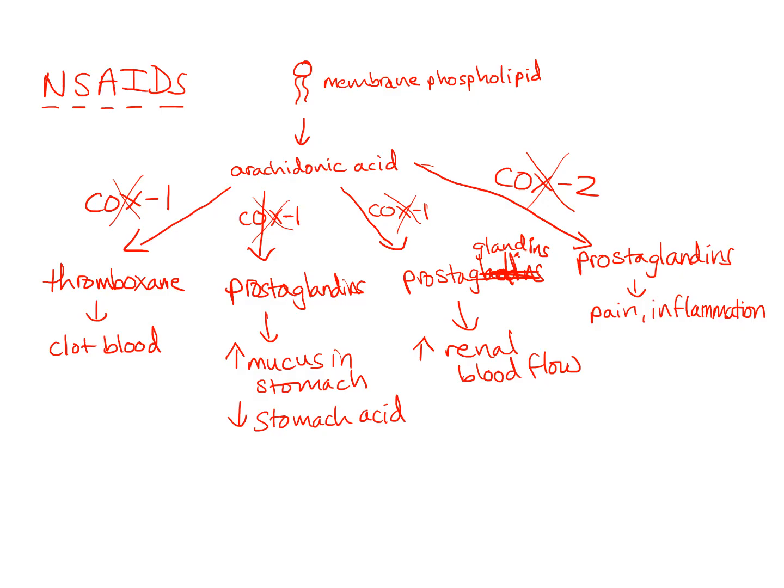Okay. There are some NSAIDs that are more selective in that they don't inhibit COX-1 as much. And those would be things like Celebrex. They've designed that drug so that it's more specific in that it's going to be blocking more COX-2 and not so much COX-1.